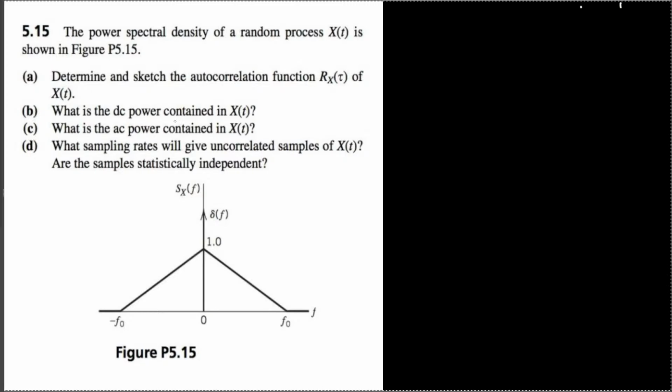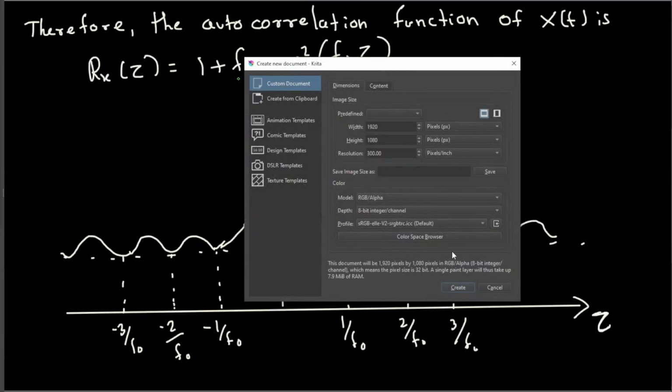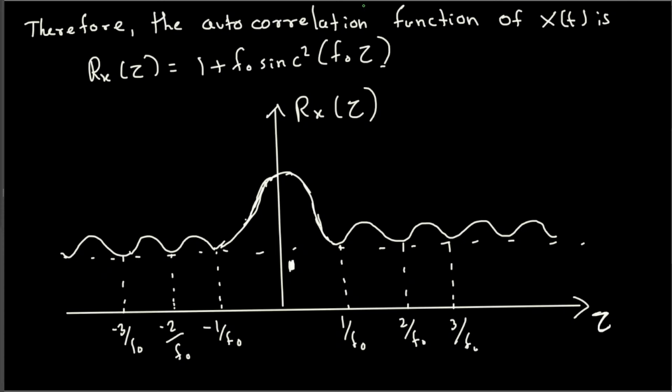And then B part is what is the DC power contained in x of t. So DC component is basically whatever that is not related to tau. So here if you look at the equation, you can right away find the 1 is the one that is not connected with the tau, so you can right away see that 1 is going to be the DC power.